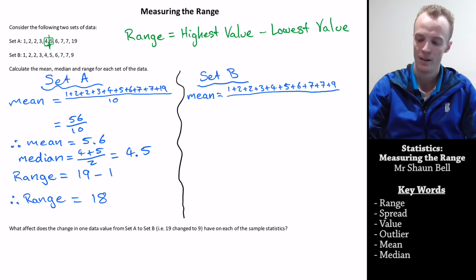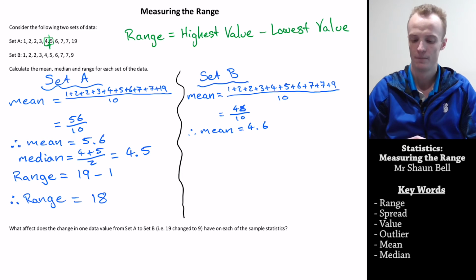If we count them, there are 10 total. Now when we simplify the top line and add them all together, it equals 46, and that's still over 10. Therefore, our mean is going to be equal to 46 divided by 10, which is 4.6.